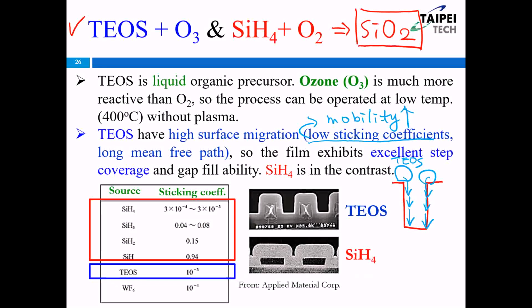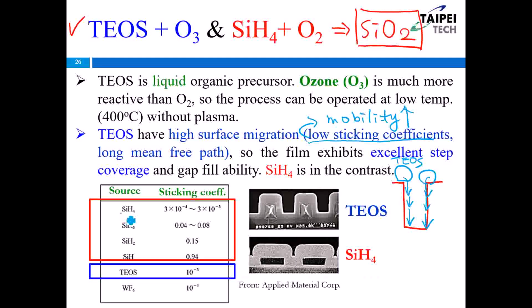And then how about the silane and O2? Today, if I want to deposit the SiO2, you also can use silane and O2. However, for the silane, you see, the sticking coefficient is higher. Let's take a look at SiH2 and SiH.